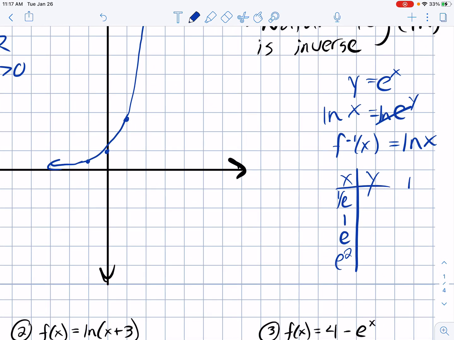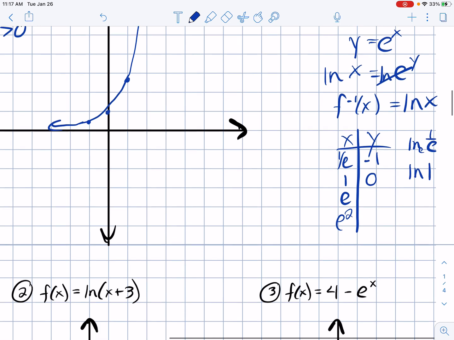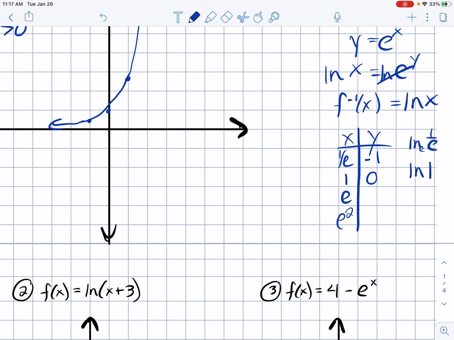The natural log of 1 over e, if the base is e, would just have to be negative 1, gets that base to flip. The natural log of 1, always 0. The natural log of 1 is always 0. That's a property that we'll list again at the end of our notes here.